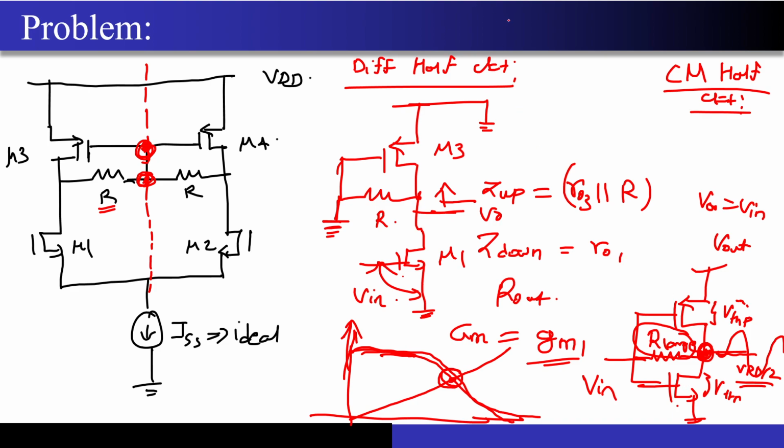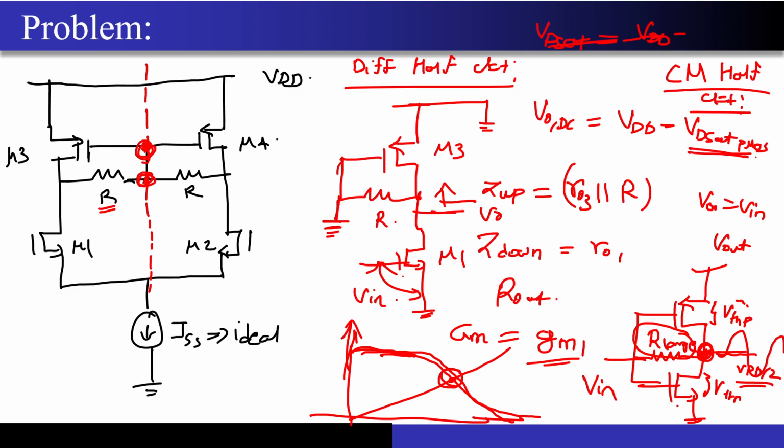I will just ask you one question. The VDSAT is what? The output DC is basically VDD minus VDSAT of the PMOS. Correct? Now I will ask you a simple question.